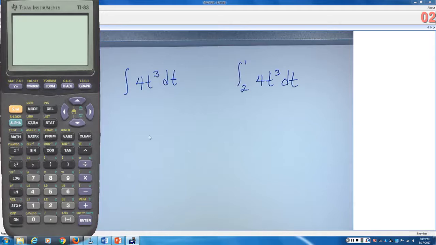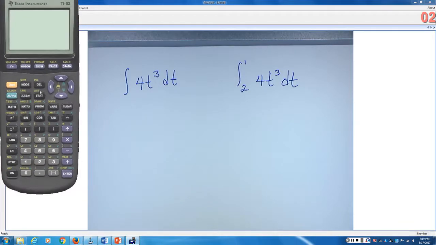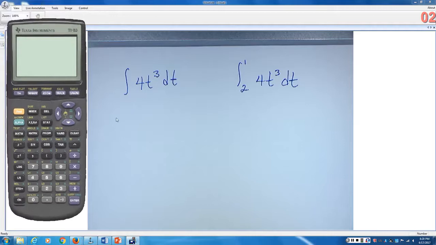So this is what we're going to do, and we actually are going to need the calculator, so I'm going to leave it hanging out up here to the side for us. So we're going to do the integral of 4t to the third. This is just a power rule problem. So you take 4t, add 1 to the power, 3 plus 1, divide by the new power, 3 plus 1.